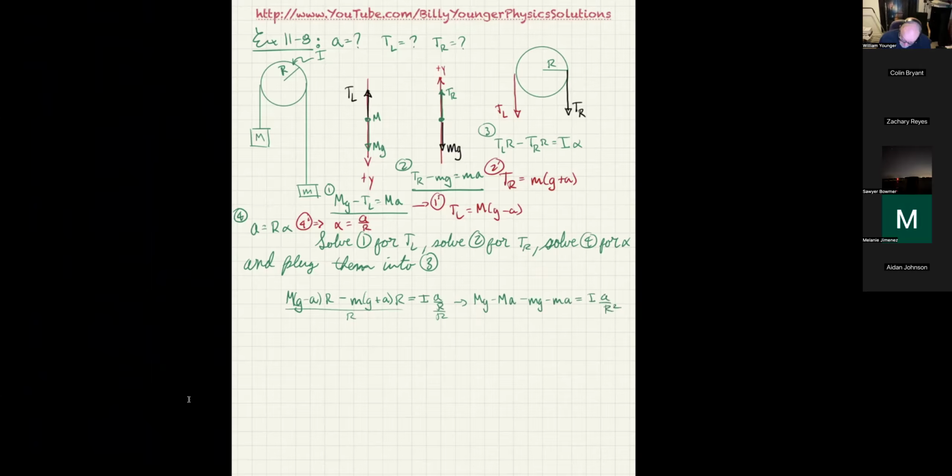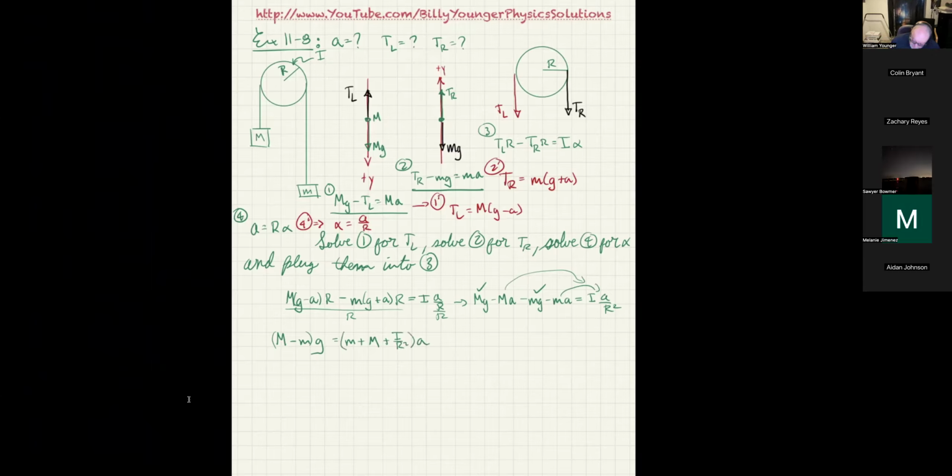Now I want to get all of the a's on one side and everything else on the other. So I'm going to write big M minus little m times g. That takes care of this one, and that takes care of this one. I'm going to pull this one to this side, and this one to this side. So that's going to become big M plus little m plus, notice all of them have a factor of a, I over R squared here.